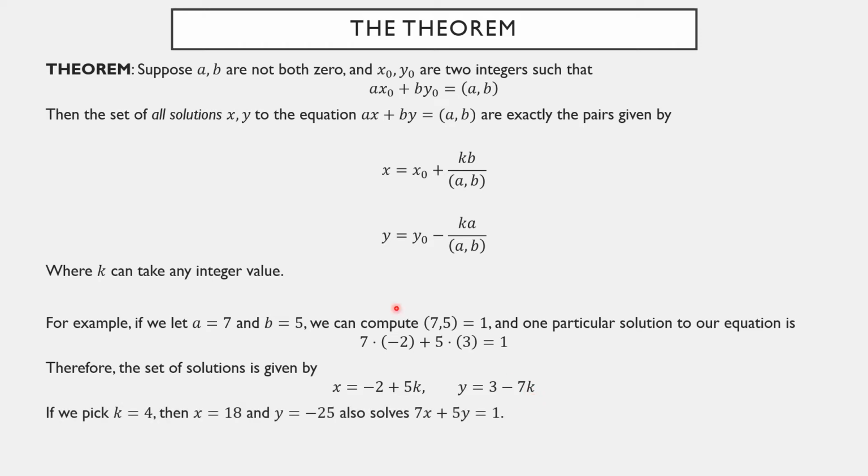So for example, pick k equals 4. Then negative 2 plus 20 gives me 18, and 3 minus 28 gives me negative 25. And if you take x equals 18 and y equals negative 25, it will also satisfy 7x plus 5y equals 1. So any choice of k that you could possibly make, plug it into here to get a pair x and y, and you will solve 7x plus 5y equals 1.